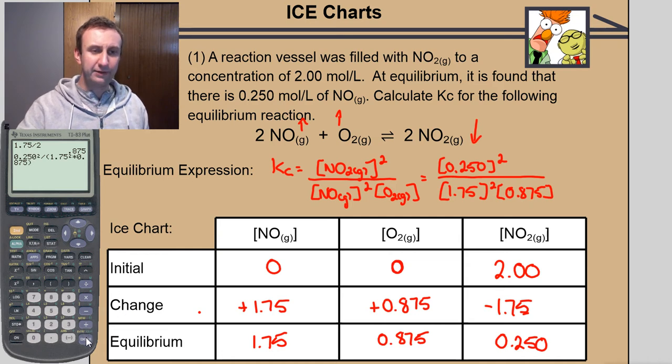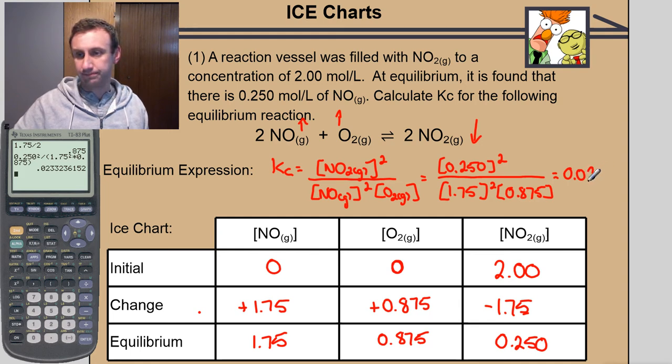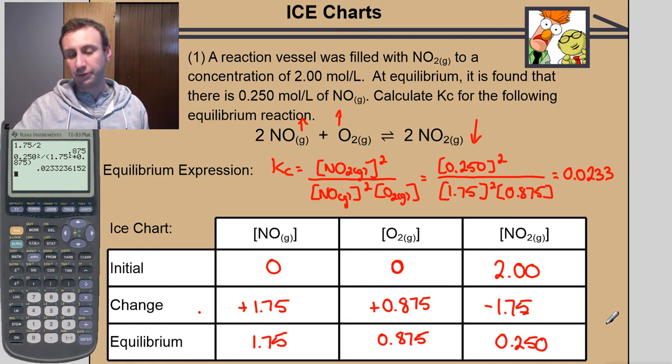Close those brackets, press enter, and I end up having a value of 0.0233. Just going to double check what I had plugged into my calculator to make sure I didn't make a mistake there. Looks good. Looks solid. So that's number one.